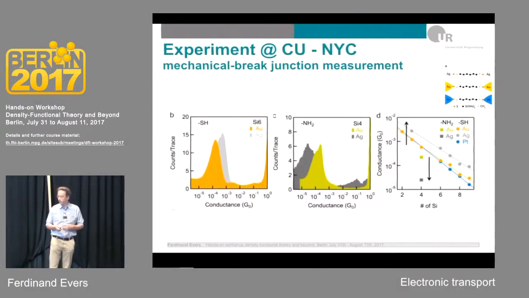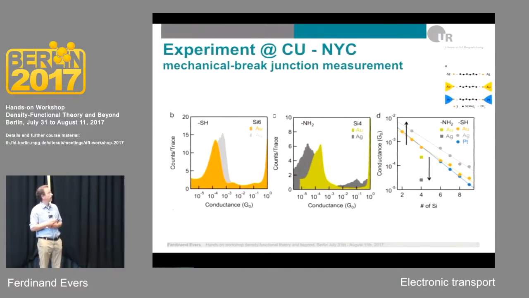Specifically, we wanted to understand the following observation. So what you see here is again a distribution function of transmissions as measured in this experiment. You see a yellow and a kind of grayish distribution. The yellow distribution is when you use sulfur linkers with gold contacts, and the grayish is when you use sulfur linkers with silver contacts.